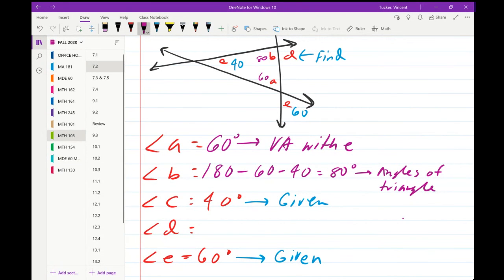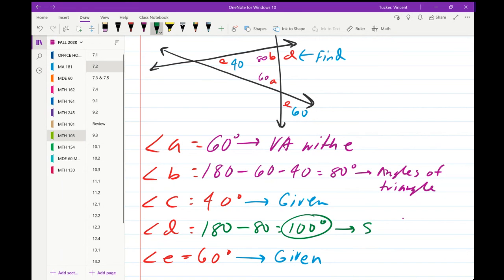Any problems? Make sure we're all right before we find our final answer. All right, so now to figure out D, which is the answer that we needed, it would be 180 minus 80, which will give us 100 degrees.